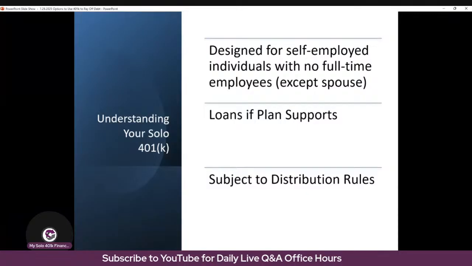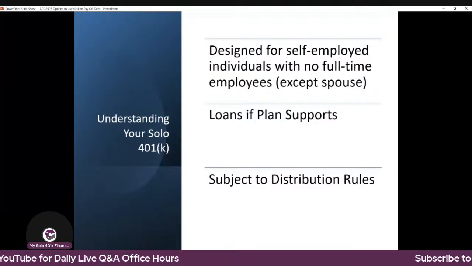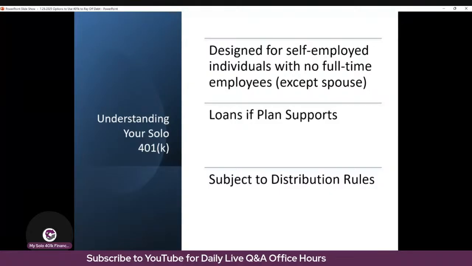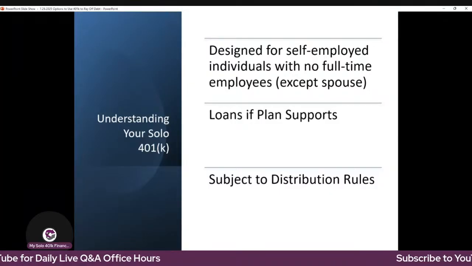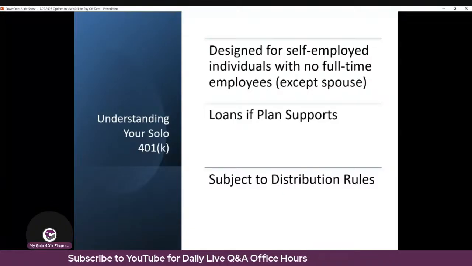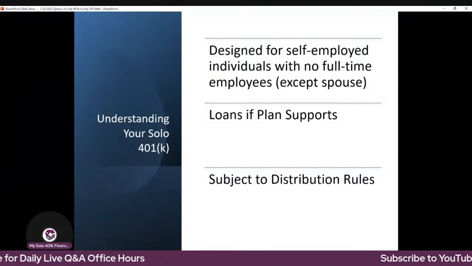Now, let's lay the foundation with understanding what a solo 401k is. A solo 401k is a retirement plan specifically for self-employed individuals. It's an owner-only plan. So only businesses that have no full-time W-2 employees other than the owner or a spouse, if any, are eligible to set up a solo 401k. In other words, it's got to be an owner-only business.